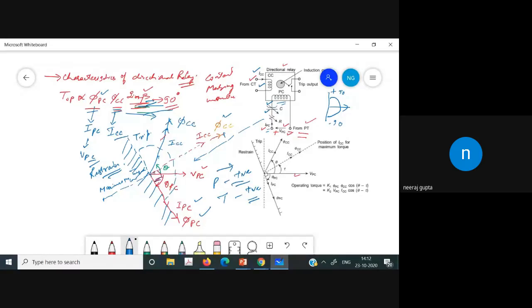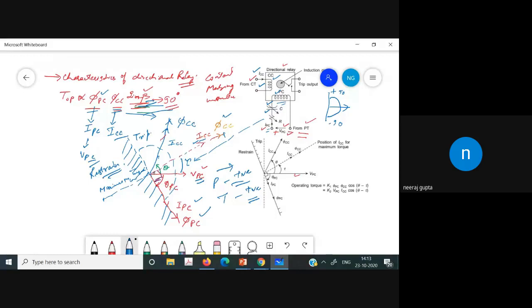Now the angle between VPC and ICC for the maximum torque condition is given by tau. That is very important. VPC is coming from this, ICC is coming from this.